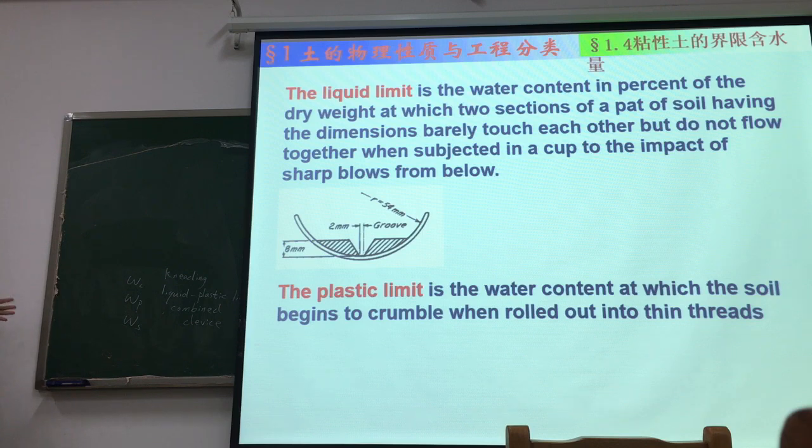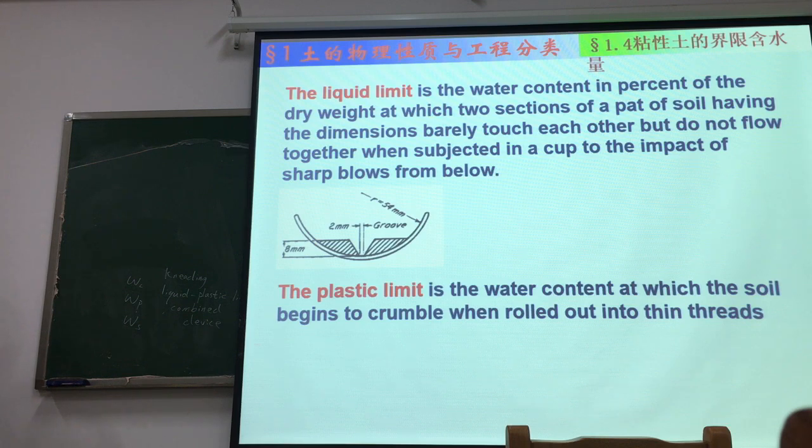And take some soil samples and place them on the glass sheet, and roll the soil sample.